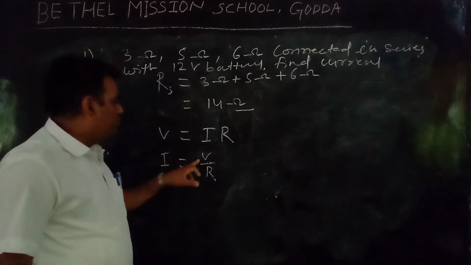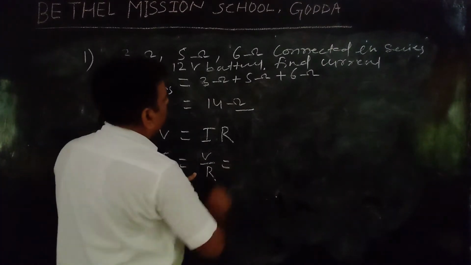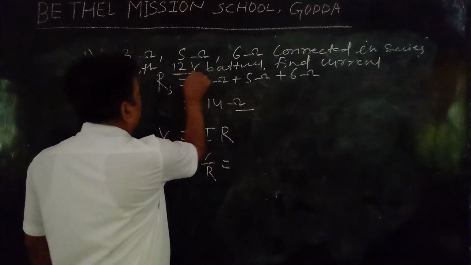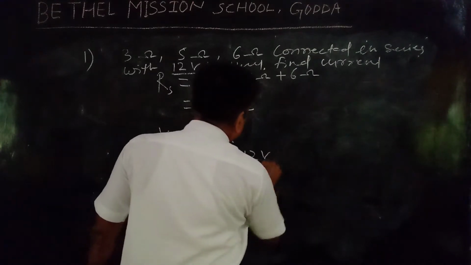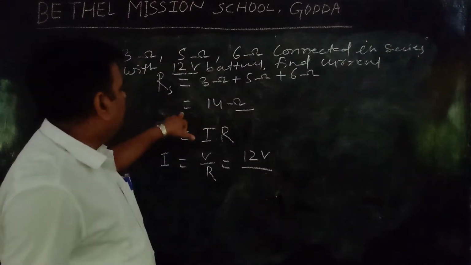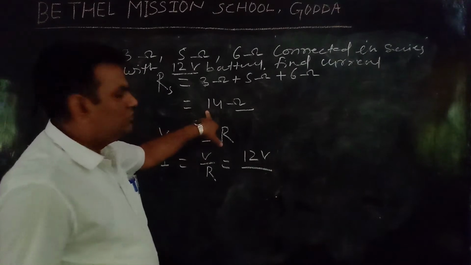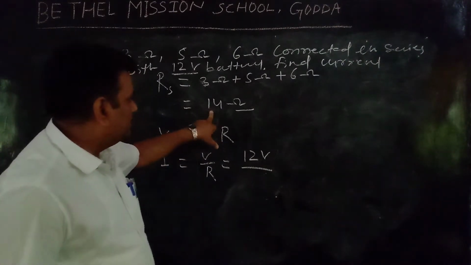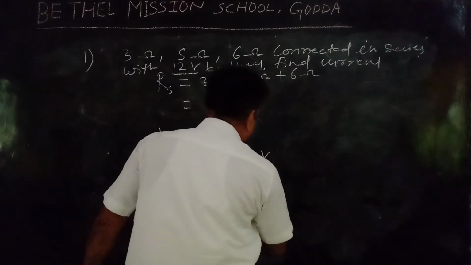So we will put in all these values. V means potential difference. It is 12 volt. And R is the equivalent resistance for the circuit. It is 14.